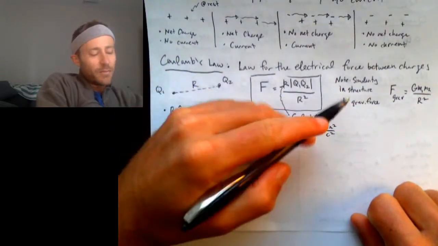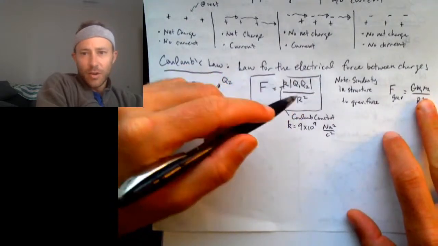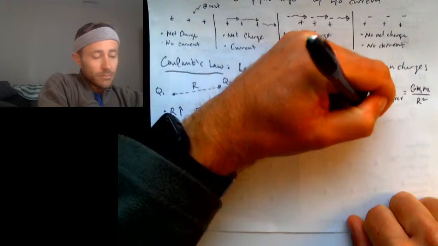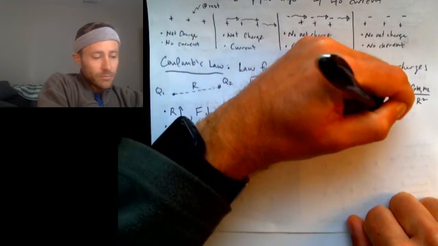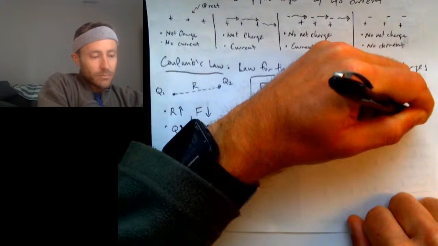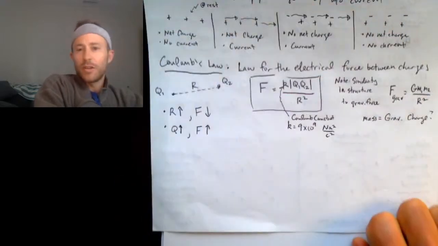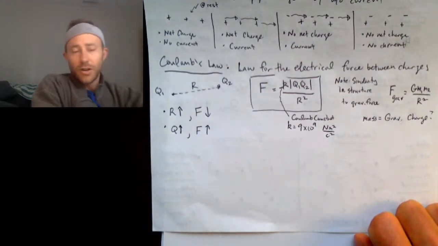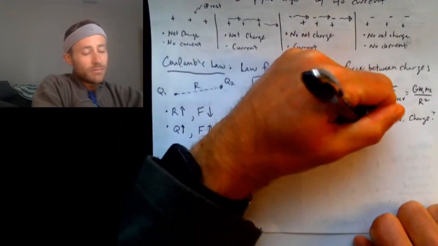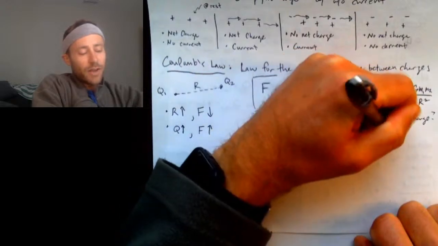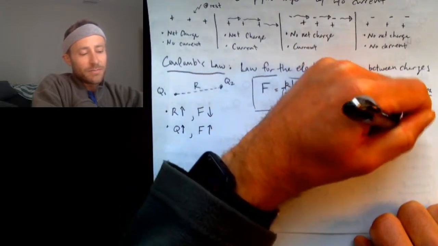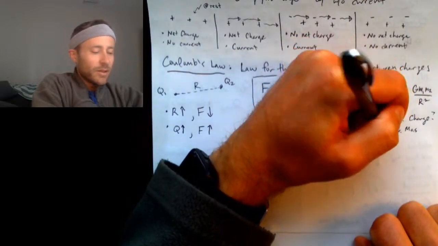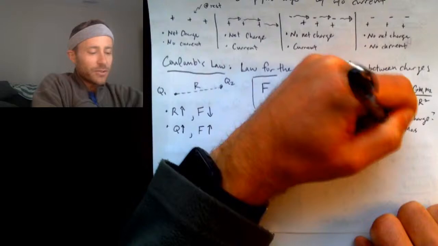So we could think about mass as almost like gravitational charge, in some sense. Okay? Or we could think about charge as almost like gravitational mass, or electrical mass, excuse me.